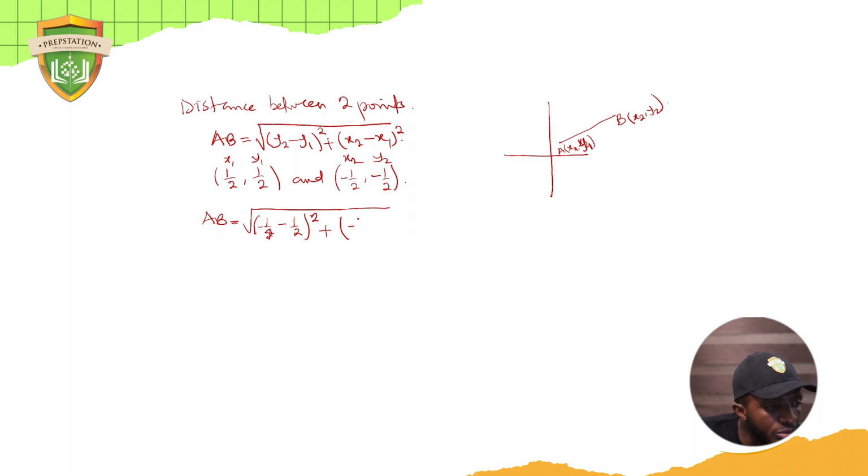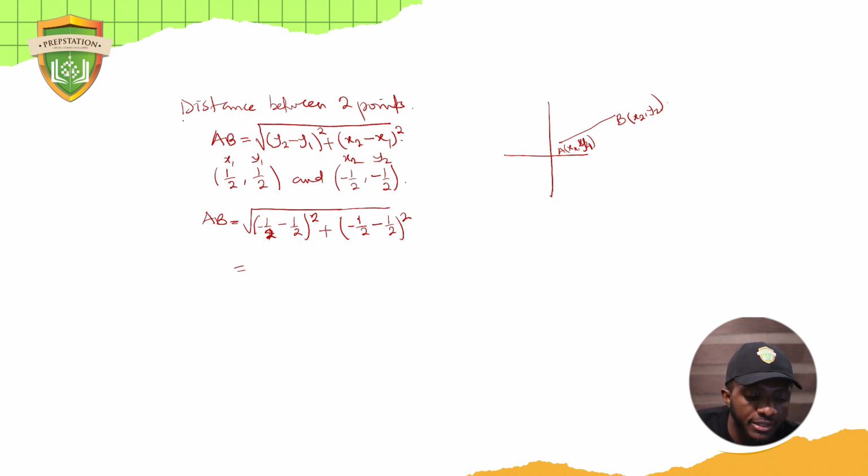This is 1 over 2 minus 1 over 2. Then we square it. Now, please take note, this doesn't give you 0. This is minus 1 over 2 minus 1 over 2. It's more like minus half plus minus half.